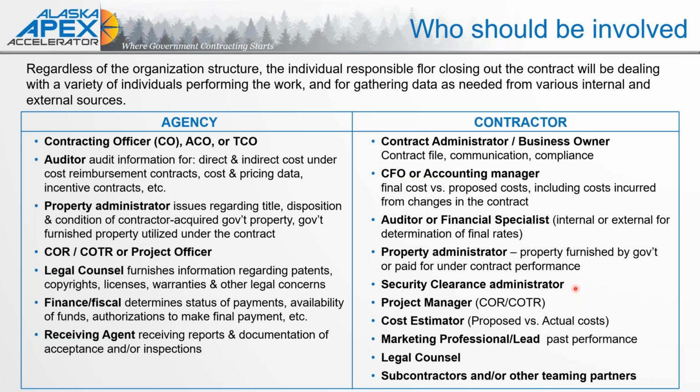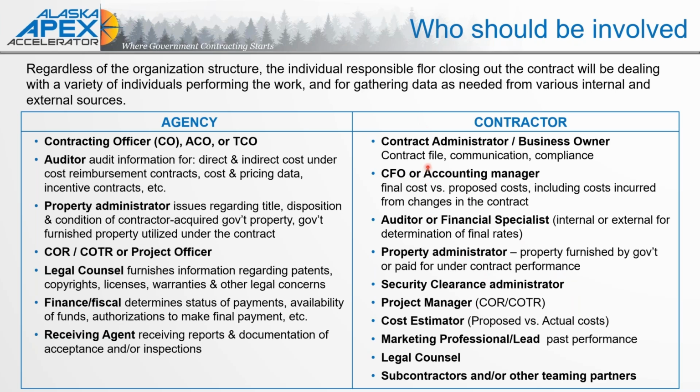If I'm talking to office administrators or those contract compliance folks who are responsible for contract closeout, although the brunt of the work may fall on that individual, there are other parties we need to reach out to, to make sure we have all of the documentation and have truly closed out and received all of the final information to do that final invoice, so that we can close that contract and move on to our next project.